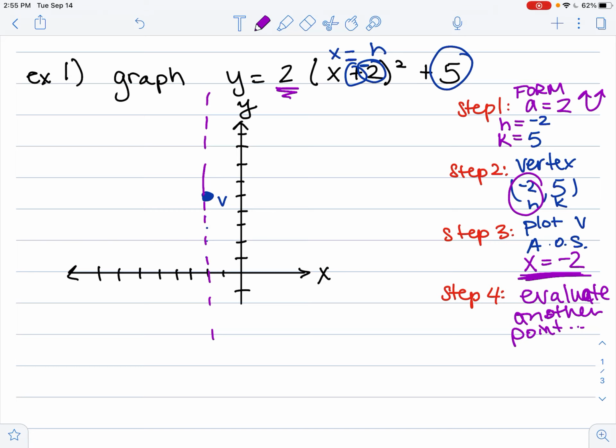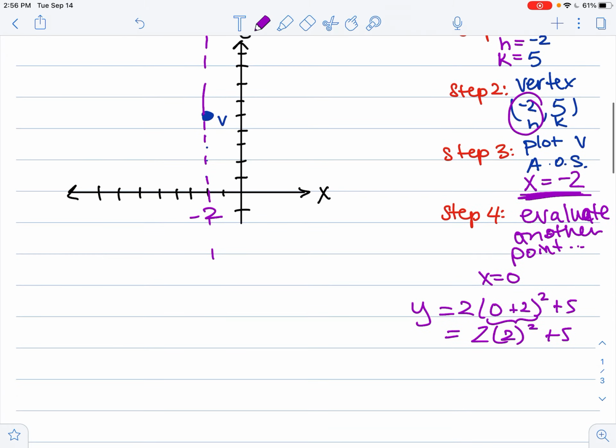I'm going to pick when x is 0. y equals 2 times x plus 2 squared plus 5. 0 plus 2 is 2, 2 squared is 4, and 2 times 4 is 8, plus 5 is 13.